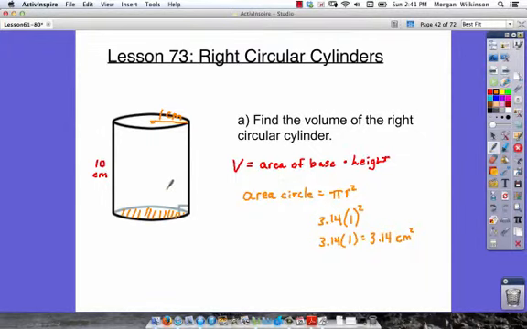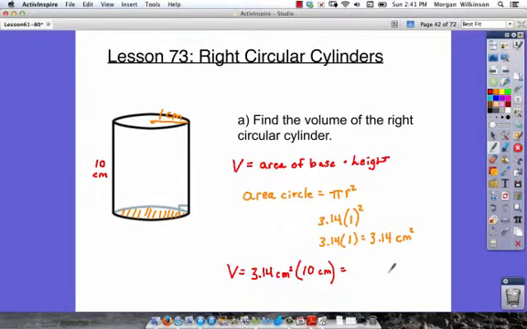In order to find the volume, we take the area of the base and we multiply it by the height. And our height, straight up and down, is 10 centimeters. So to find the volume, V, it's going to be equal to 3.14 square centimeters times our height of 10 centimeters. Well, when we multiply by 10, we can just move the decimal over one spot to the right.